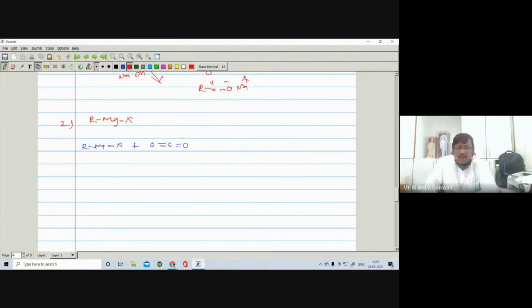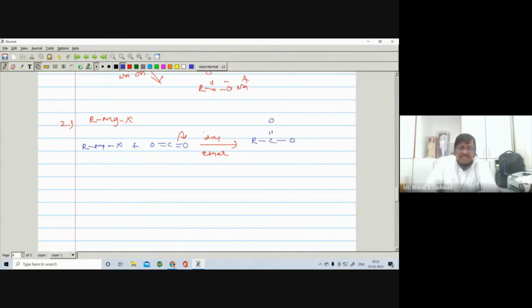So what happens? The pi bond opens on the oxygen, O negative, C positive. The reaction takes place in the presence of dry ether, and you have R, here is C double bond O, right?